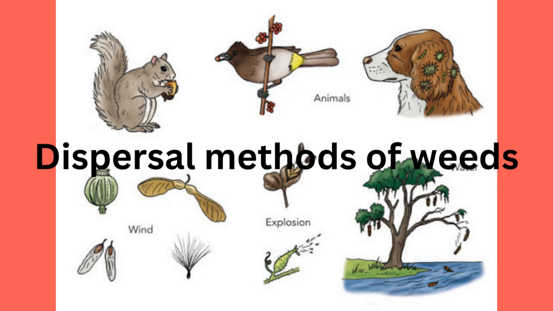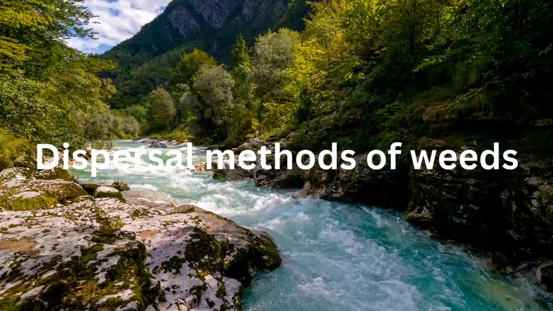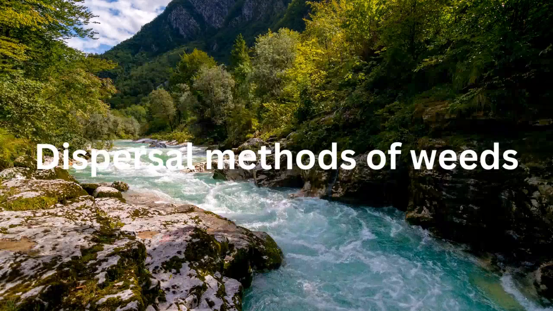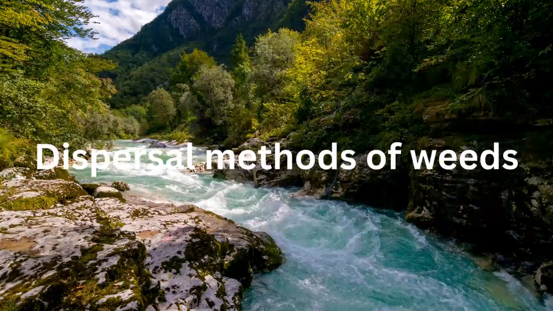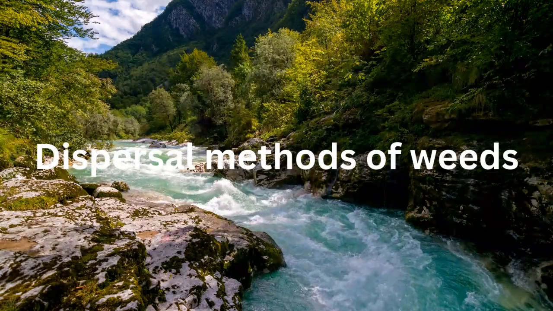Now, the next subtopic I'll be taking you through is dispersal methods of weeds. There are about 4 major dispersal methods of weeds. The first one is dispersal by wind. The second is dispersal by animals, then dispersal by water, and dispersal by self-explosion mechanism.